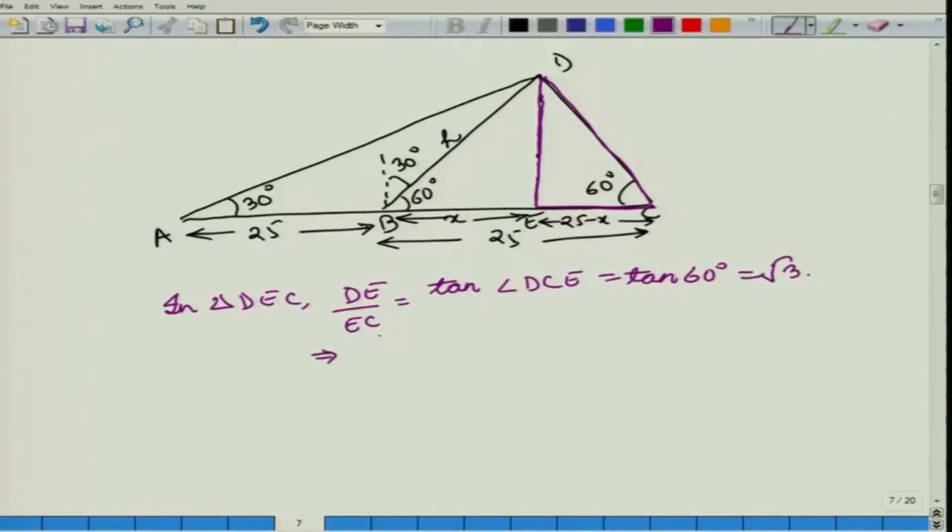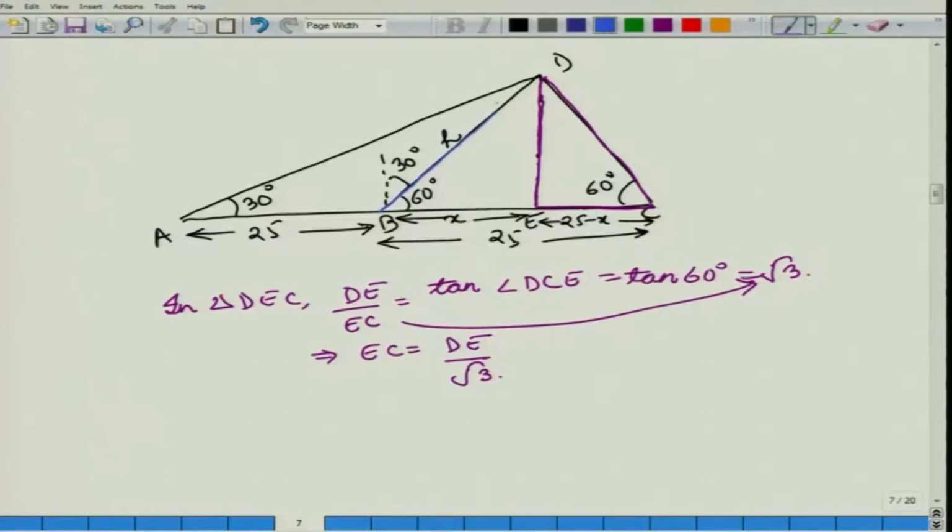So, now we can figure out that EC is DE upon root 3. Now, let us calculate for another triangle.